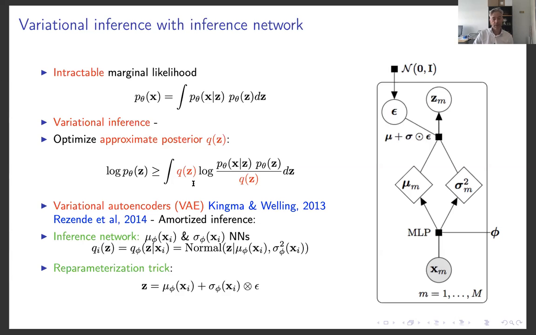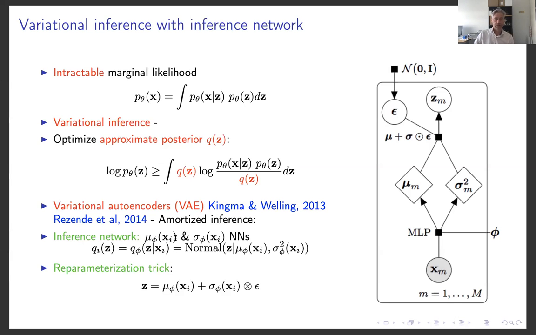And that means that instead of having a variational distribution and learning one for each data point, we now have a variational distribution that is shared between all the data points, but takes the data point as an input.